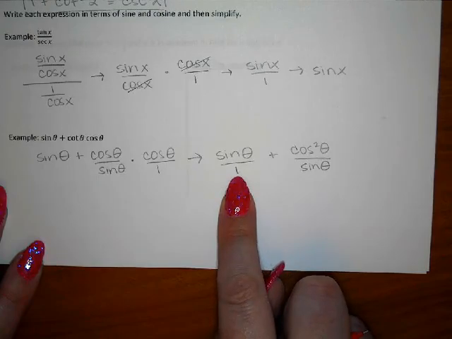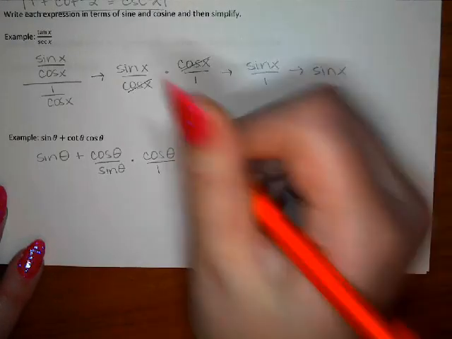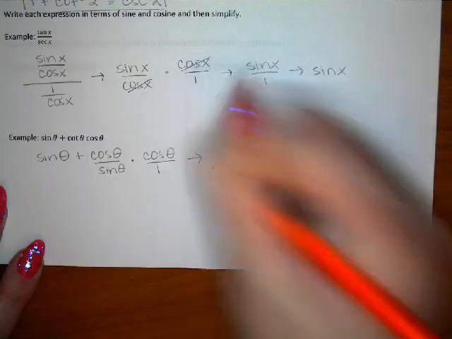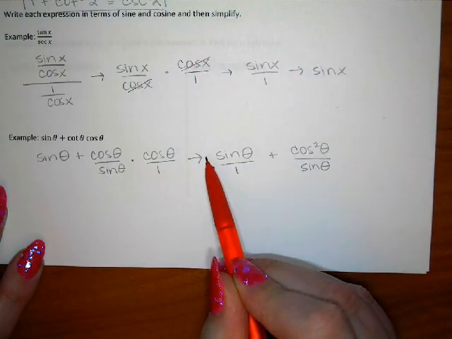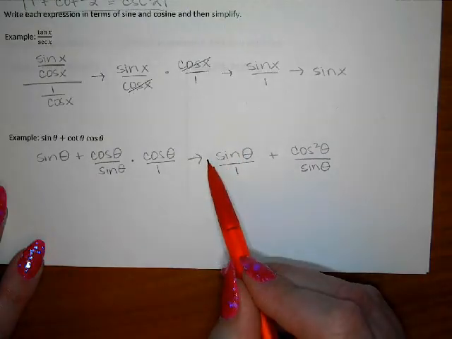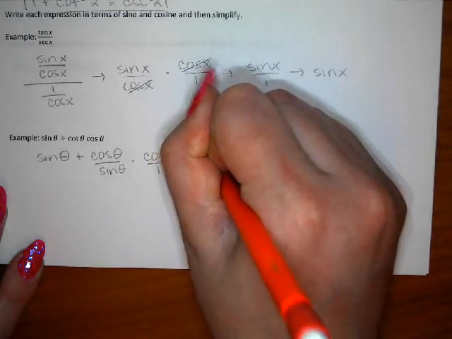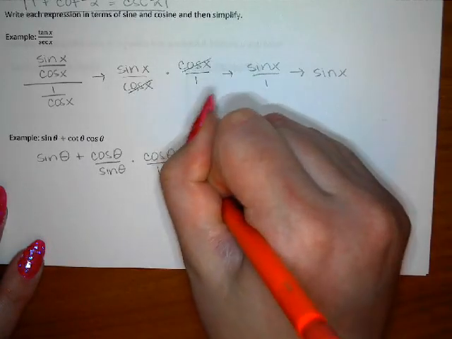So to get the first term to have that common denominator, I'm going to have to multiply by the same thing on the top and the bottom, and I'm going to have to multiply by sine to get that common denominator. So I'm going to multiply by sine on the top. I'm going to multiply by sine on the bottom.